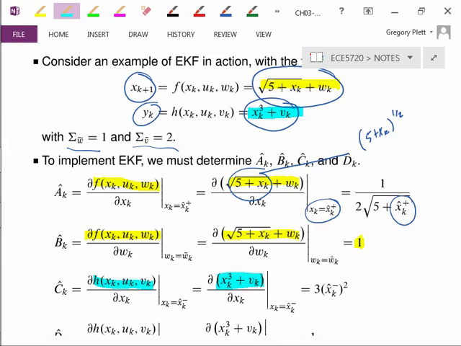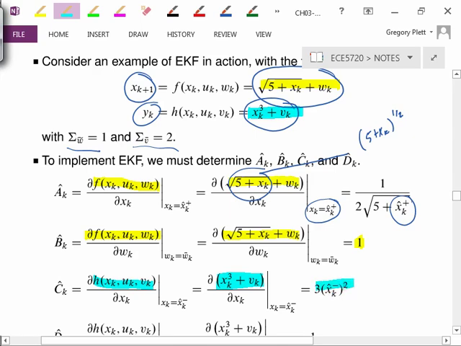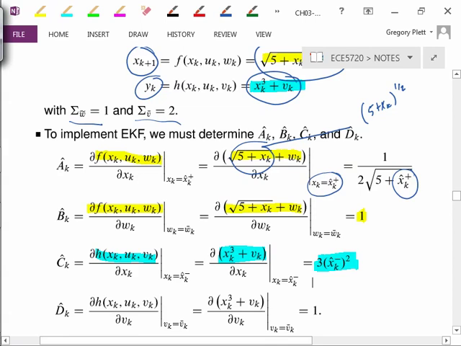And so the 3x squared, we substitute the x with x hat k minus, and our final answer is going to be 3x hat k minus squared. The last is D hat, which again takes the partial of h with respect to v, and h is again x cubed plus v, and taking the partial of that with respect to v gives me 1.